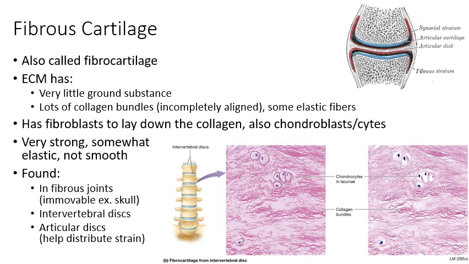You also find fibrous cartilage in the intervertebral discs between the vertebrae in your spinal column. Right, the spinal cord is actually running through those vertebrae and through those intervertebral discs, so they need to be extremely strong.